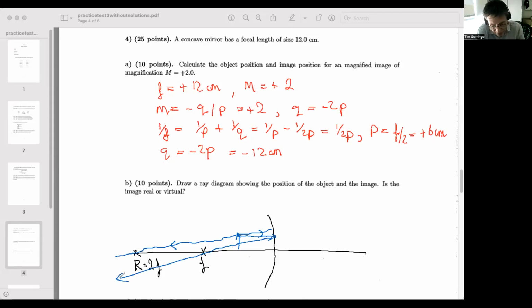And then there's the other ray which goes in as if it comes from the focal point and then heads out parallel to the optical axis. So that's the cousin of this other ray here. I'm really drawing this very badly, I apologize. It comes out parallel to the optical axis, something like this ray here.